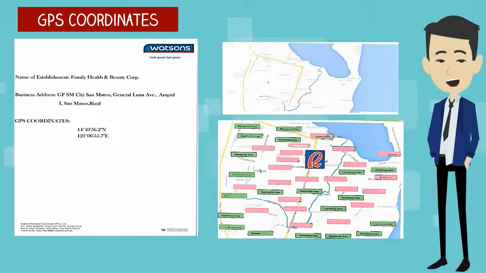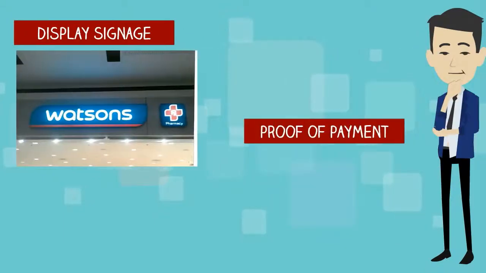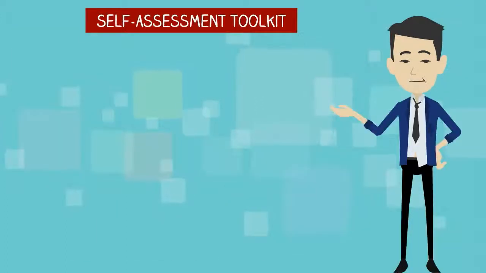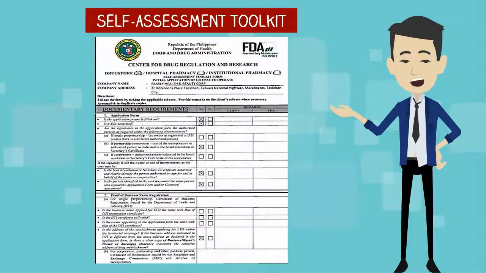It includes the site map and the Google map that locates the establishment. 12th requirement is the picture of the store display signage. This is followed by the 13th requirement, which is the proof of payment. And last or 14th requirement is the self-assessment toolkit. This serves as a checklist to ensure all requirements are accurate and complete prior to the scheduled appearance at FDA.